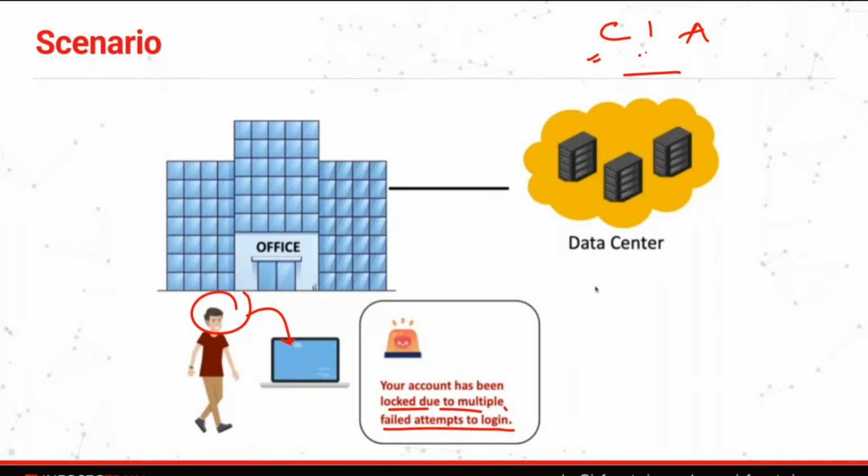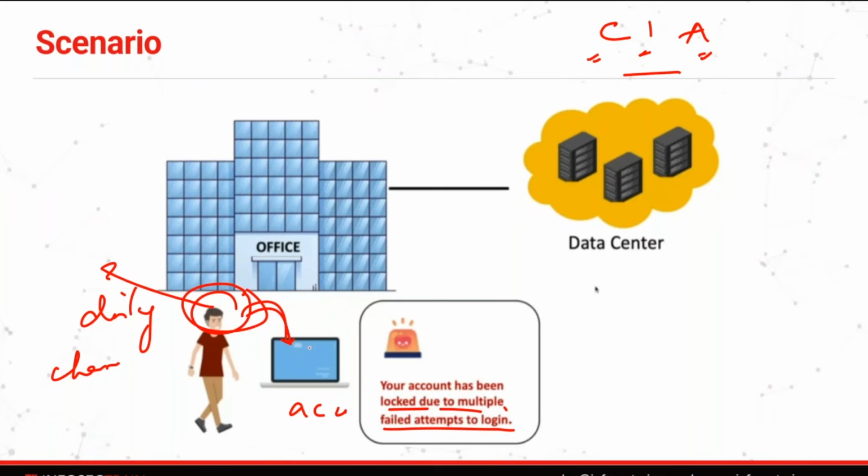Confidentiality, integrity, or availability? Think it from the organization's perspective, from the employee's perspective: will the employee be able to perform his daily tasks, whatever the role of that employee in the organization, on that particular day?